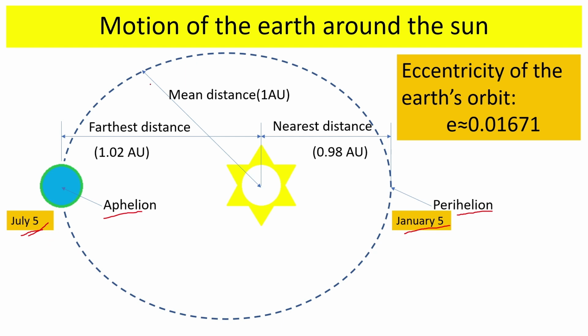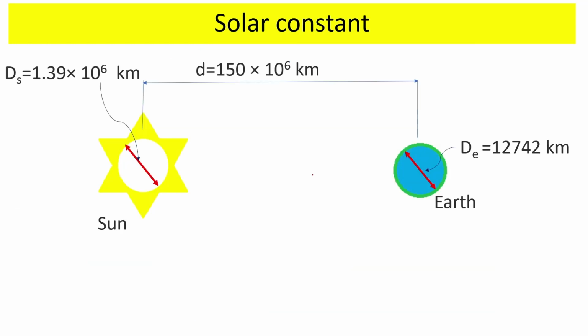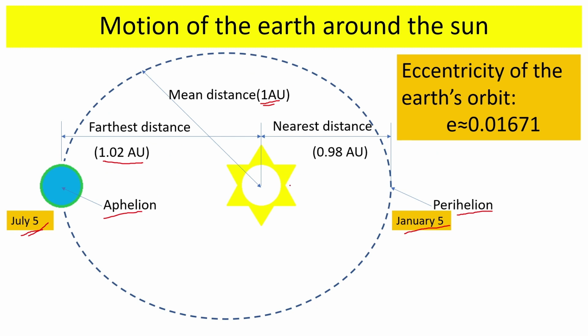And we discussed earlier that the mean distance between the sun and earth is called 1 astronomical unit. In short, we call it 1 AU, right? And therefore, if I have to express the sun and earth distance at aphelion and perihelion, at aphelion it is 1.02 AU, and at perihelion the earth is at 0.98 AU.